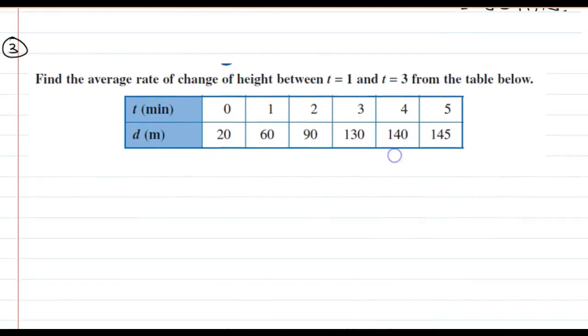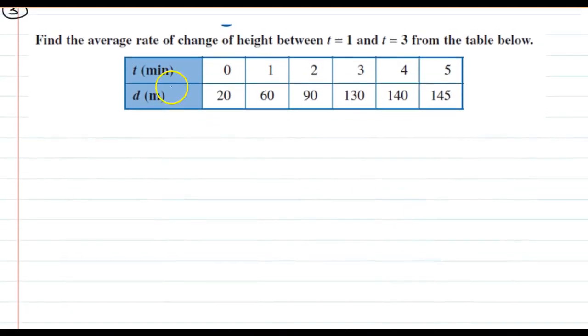We're going to find the rate of change of height between t in minutes, between 1 and 3. So we can see here that we've got the height or the distance in meters. So we're interested in this height here, so let's highlight here and here.